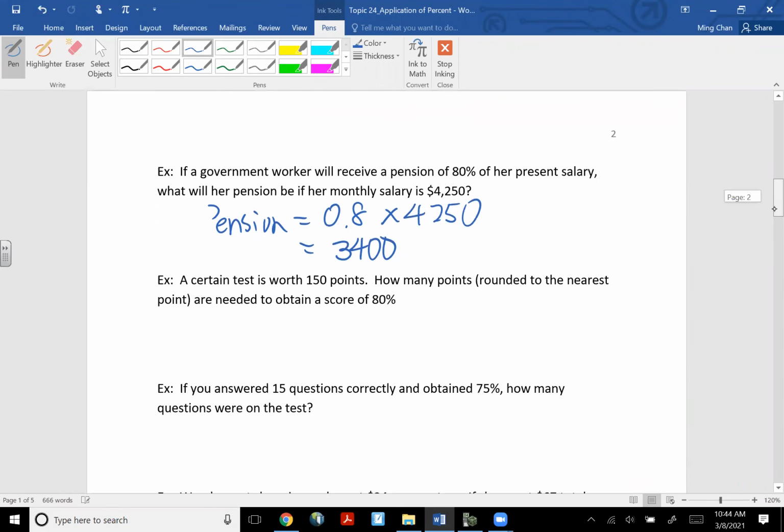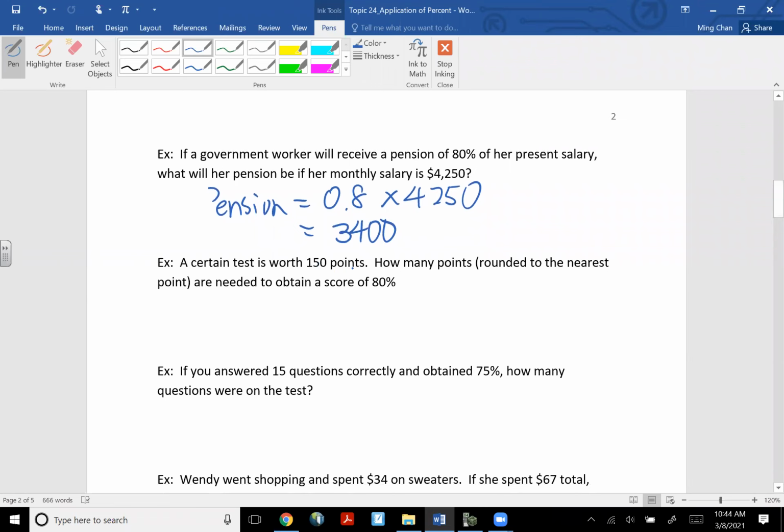All right. A certain test worth 150 points. How many points, rounded to the nearest whole point, are needed to get 80%? So if a certain test is worth 150 points, then 150 points got to be the whole, right? That's a whole test is worth that much. So again, this problem is looking for the part because 80% is a percent.